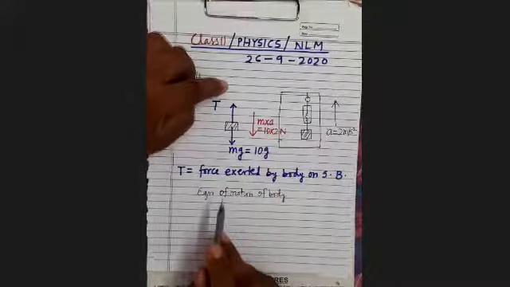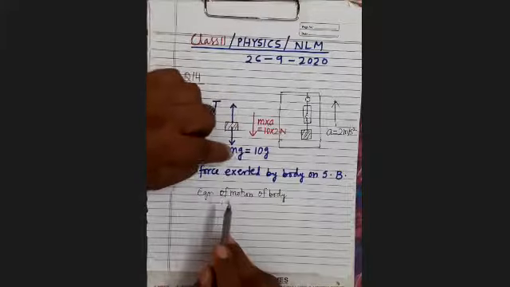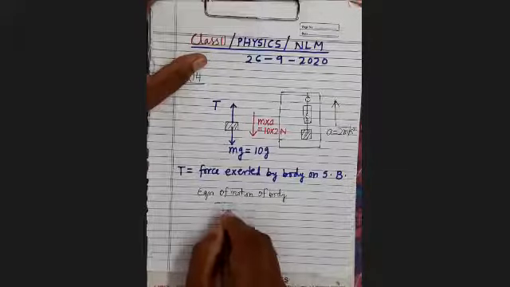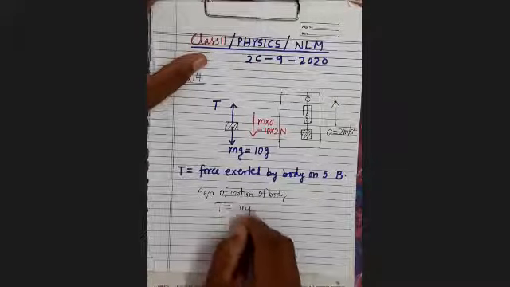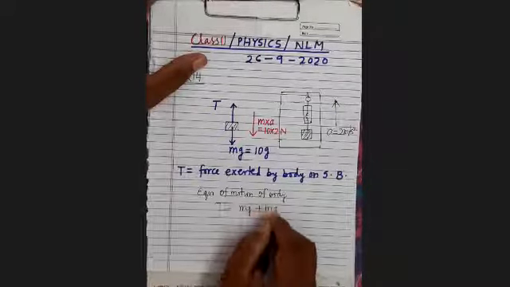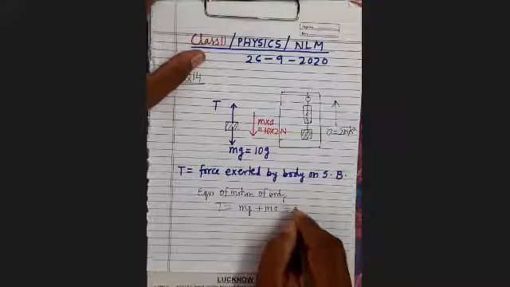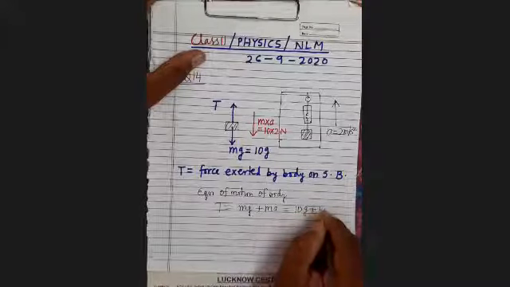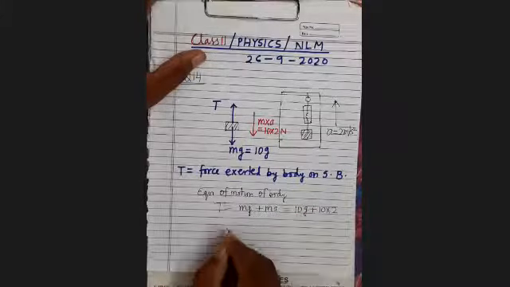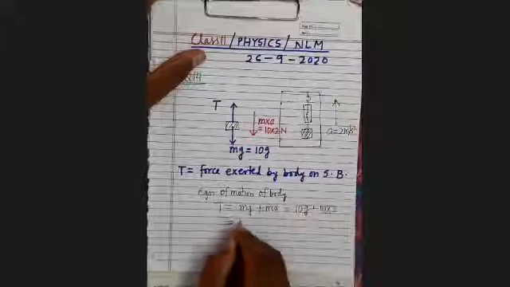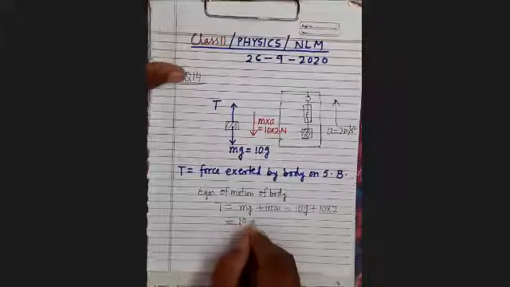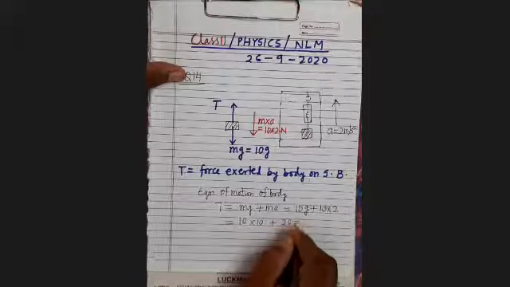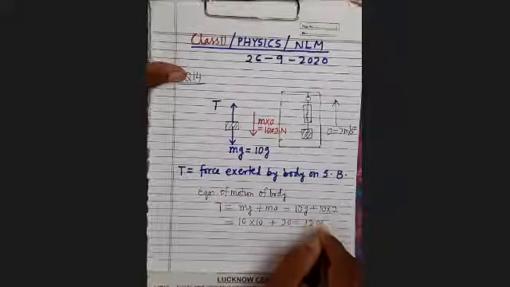Therefore, forces acting upward will be equal to the forces acting downward. Means T will be equal to mg plus ma, that is equal to 10g plus 10 into 2. What is the value of g here? The value of g is given as 10. So 100 plus 20, that is equal to 120 Newton.